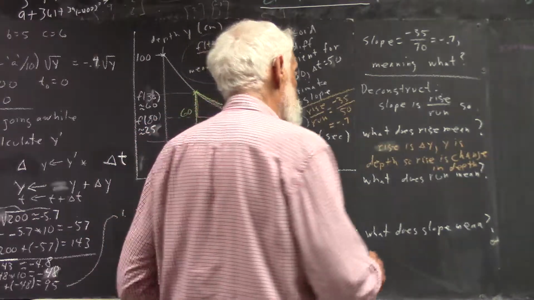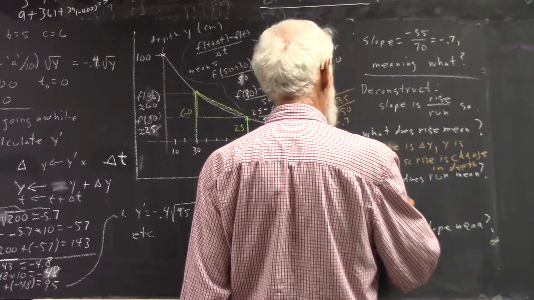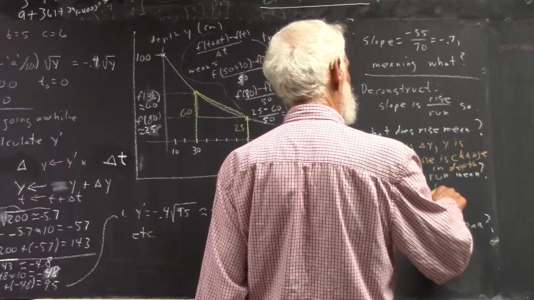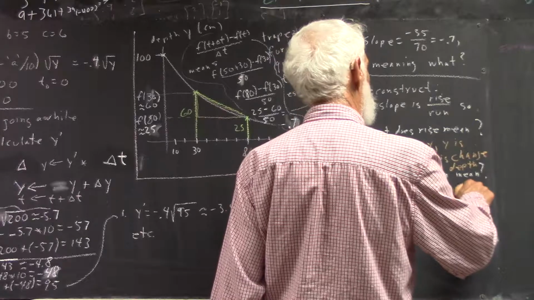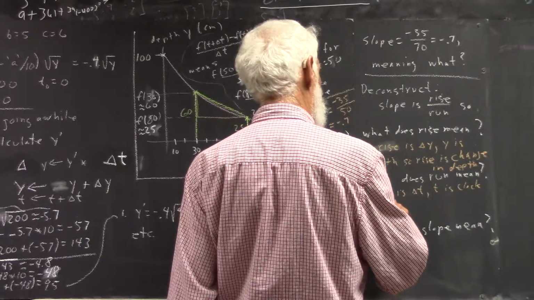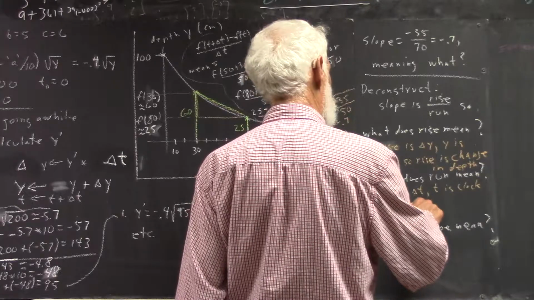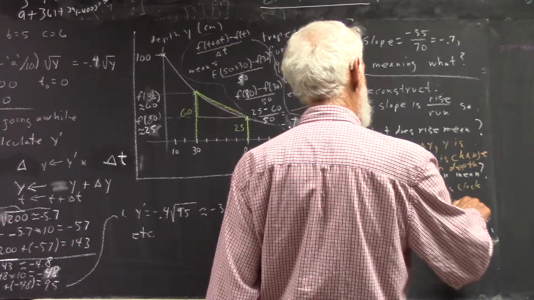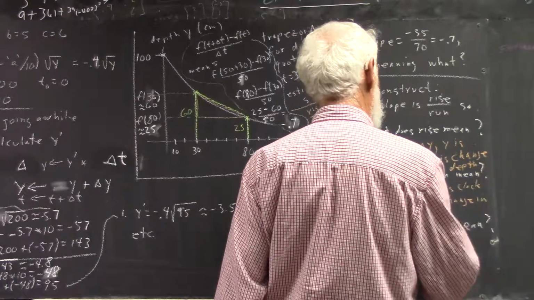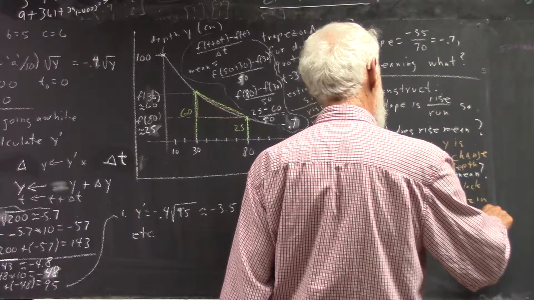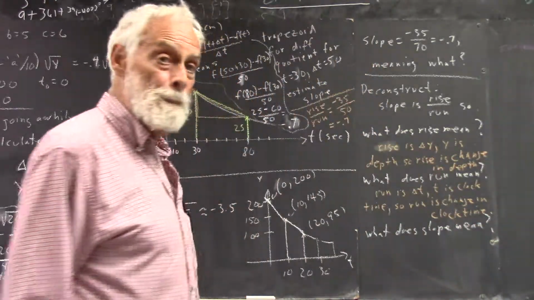Okay, what does a run mean? Change of time. Run is delta t. T is clock time. So run is the change in clock time, right?